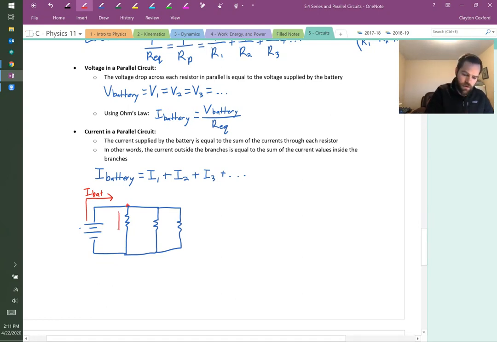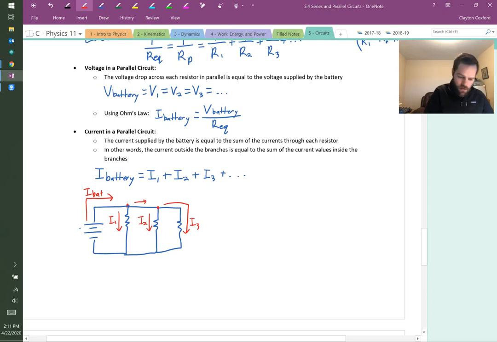Part of it flows down this first branch, and that part is I1, the current through the first circuit element. The rest continues on, hits the next junction, and part flows down this way, I2, and the rest flows through the third branch, I3.